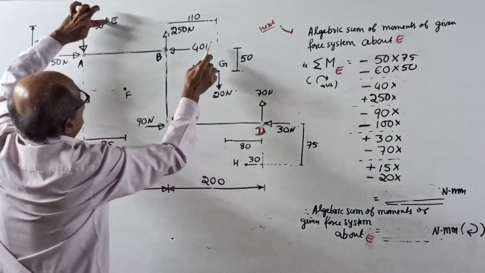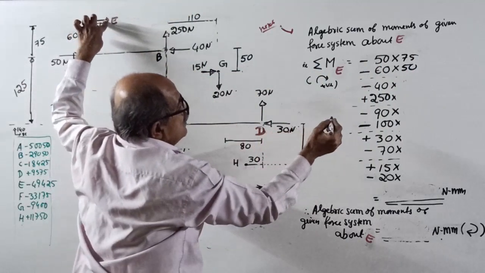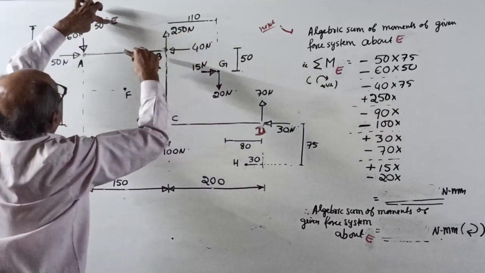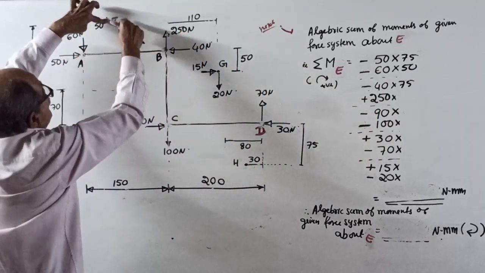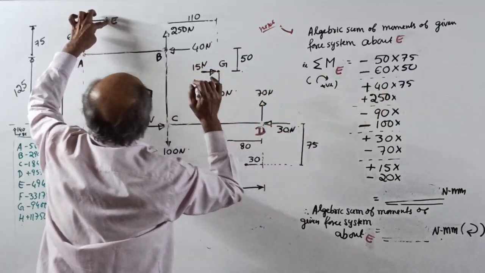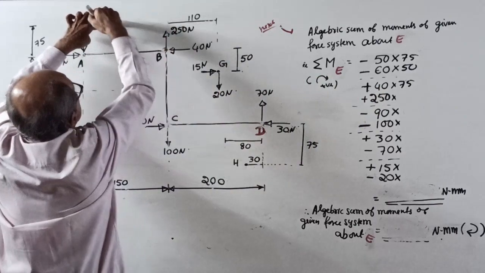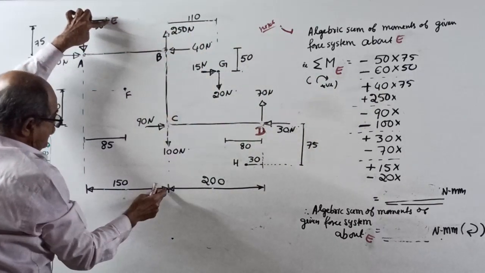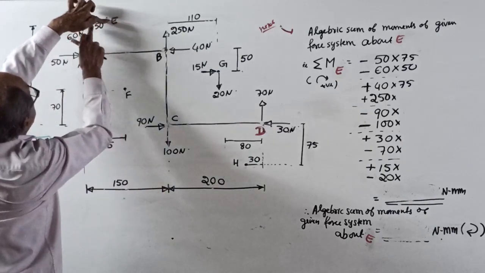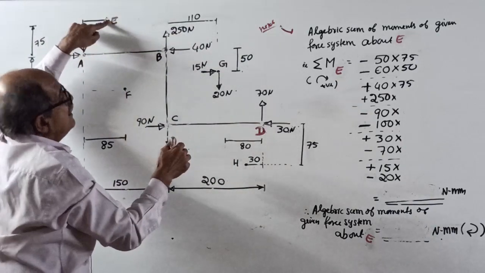Finger here. 40 also into 75, but about E, 40 into 75 is clockwise. 250 into, from here to here, this distance. This is 150. This is 50 they told. So from 150, subtract 50, 100.